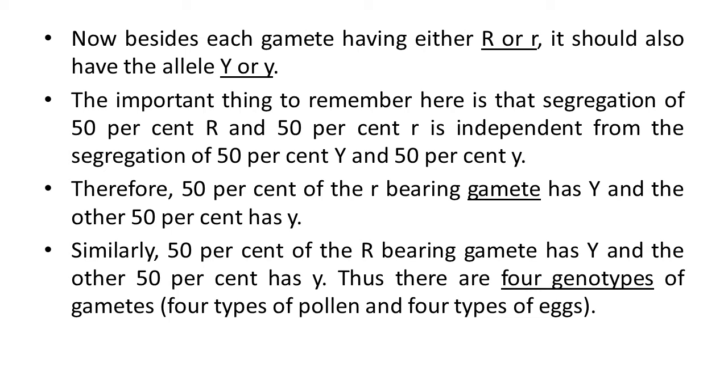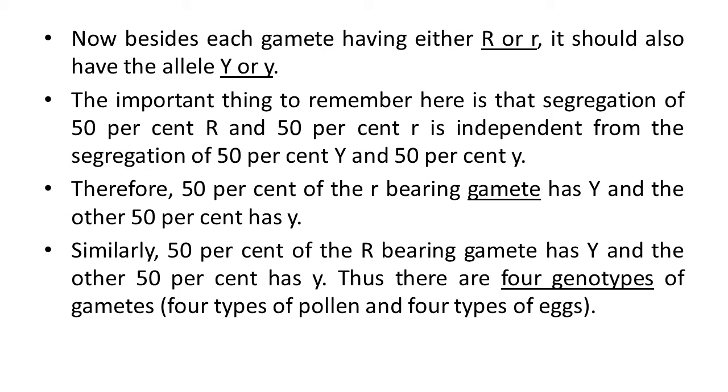It means from a 2N diploid cell, an N cell is formed, that is reduction division, and that's why gametes are always pure in nature. Therefore 50% of the small r bearing gametes have capital Y, and the other 50% have small y. Vice versa, similarly for capital R, 50% of capital R bearing gametes have capital Y, and the rest 50% have small y.